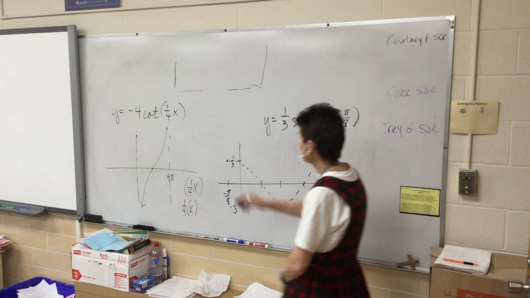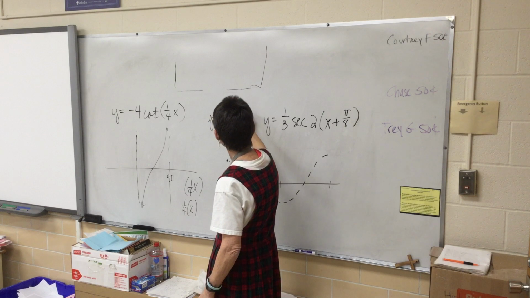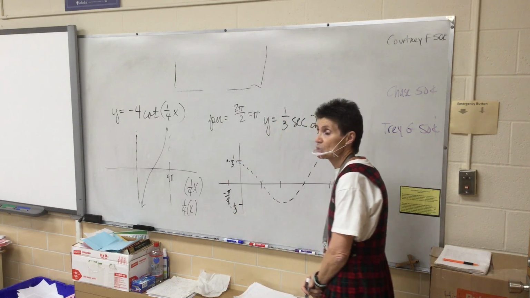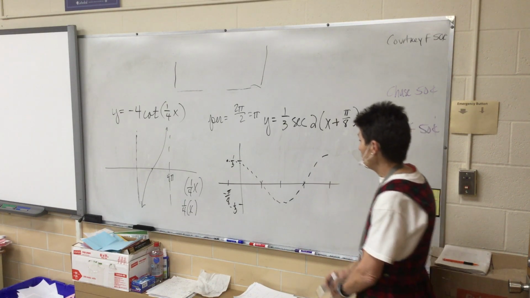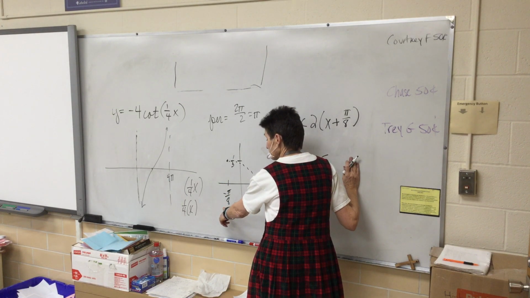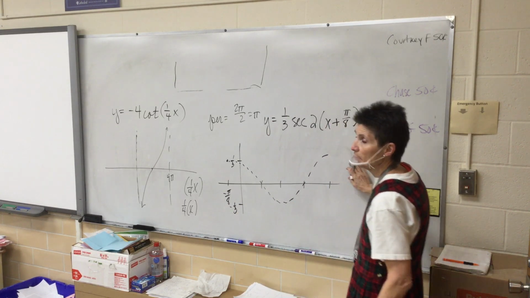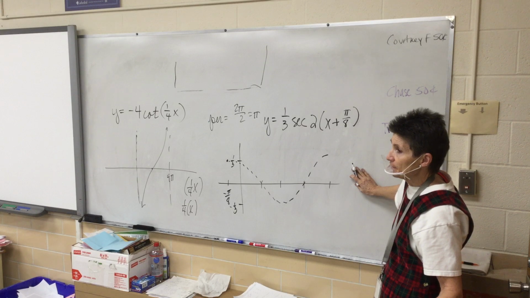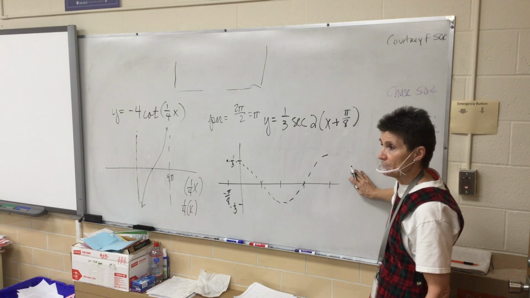What's the period of a normal cosine? 2 pi. This one has been divided by 2, so my period is just going to be pi. Now, this time I'm starting at -pi/8, and I'm taking 1 step, 1 pi. So if I start at -1/8 and take 1 step on the number line, where am I going to be?